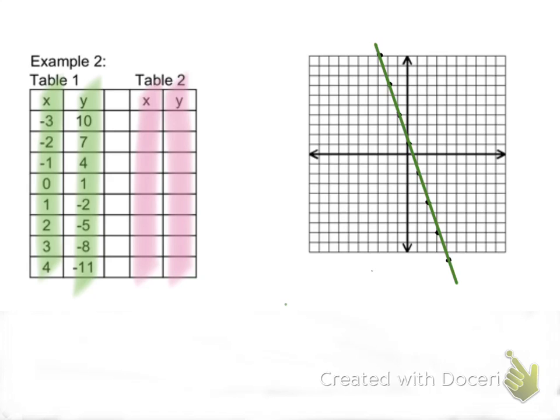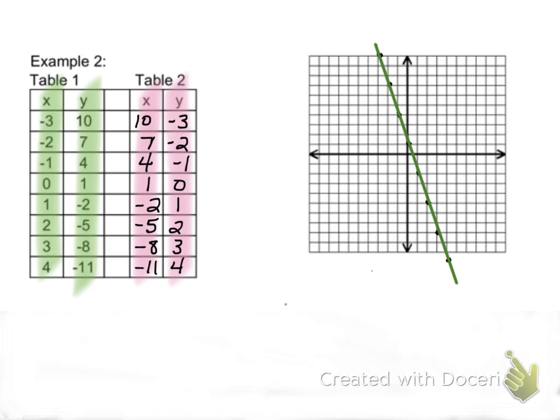So we have 10, negative 3. 7, negative 2. 4, negative 1. 1, 0. Negative 2, 1. Negative 5, 2. Negative 8, 3. And negative 11, 4.